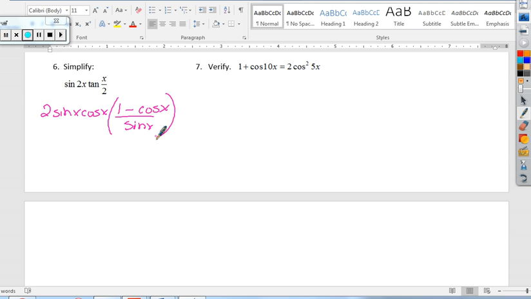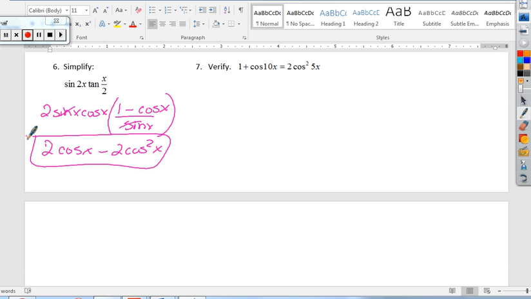Again, you will have these formulas in front of you. These two sines will cancel here, and just multiplying through, distributing through, I get 2 cosine x minus 2 cosine squared x. Factoring it back out doesn't help me simplify anymore, so that's as far as we can go with that one.